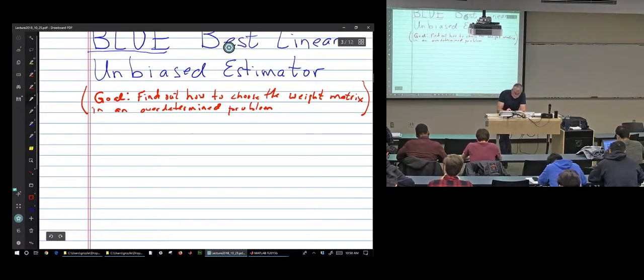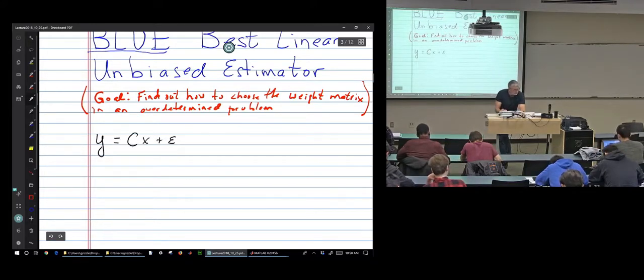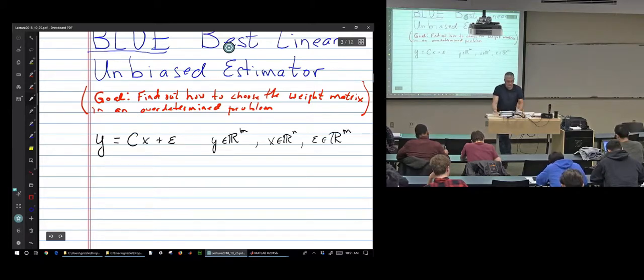So here's the problem setting. y equals Cx plus epsilon. y is our measurement. It has m components. x is our unknown state. It has n components. And epsilon, hey, they look a little bit different, is the same size as y.